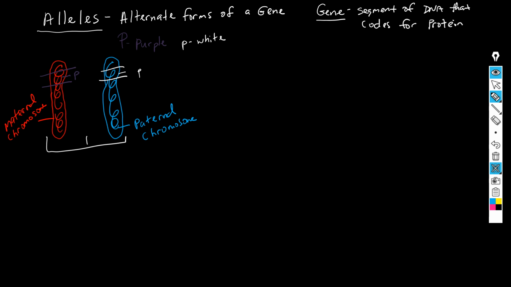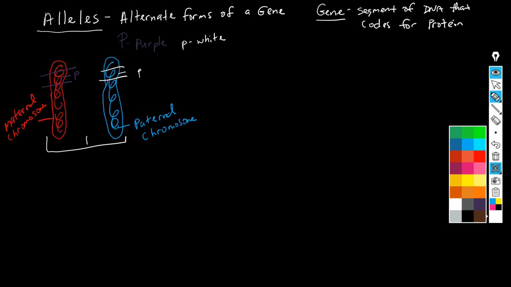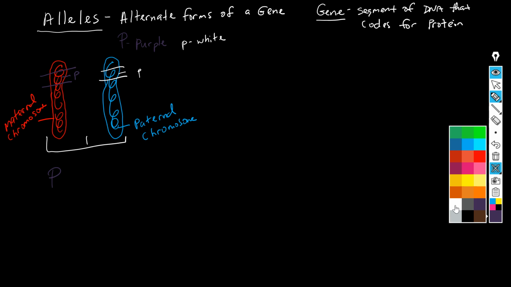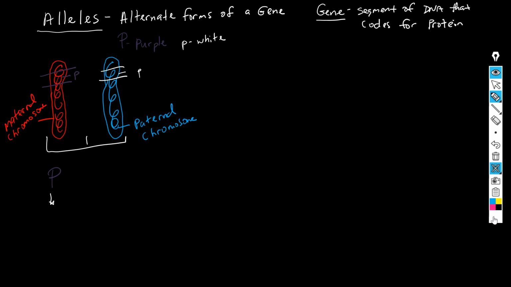Here's what I want you to understand: exactly what those letters, known as alleles, mean. That P is representing a strand of that maternal chromosome's DNA, and that DNA is what we're going to call a gene, and we'll call the big P the dominant allele.